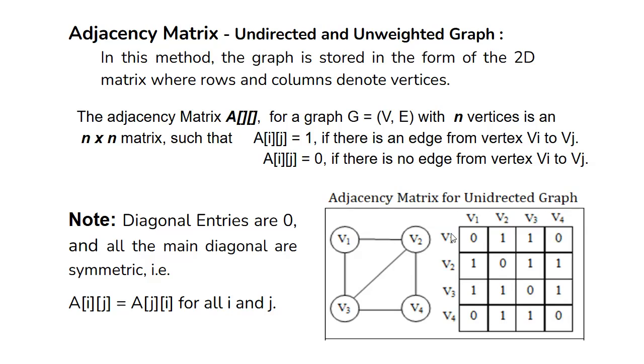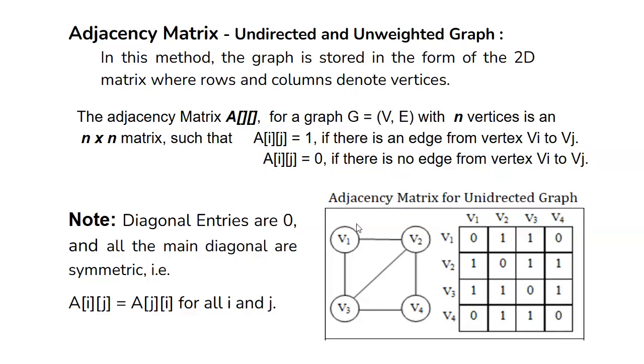The matrix is represented row-wise by the vertices V1, V2, V3, V4. Similarly, column-wise the same collection of vertices V1, V2, V3, V4. And the interconnecting cell values will be either 1 or 0. If there is a path between two nodes, the value is 1. If there is no path between two nodes, the value is 0. In such a way, the adjacency matrix for an undirected and unweighted graph will be represented.